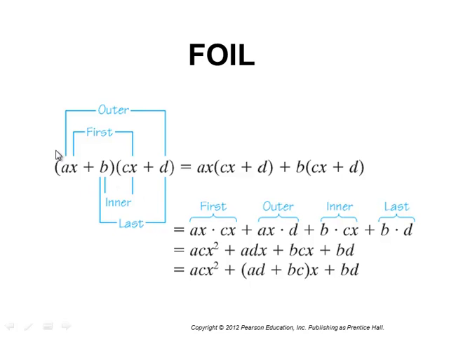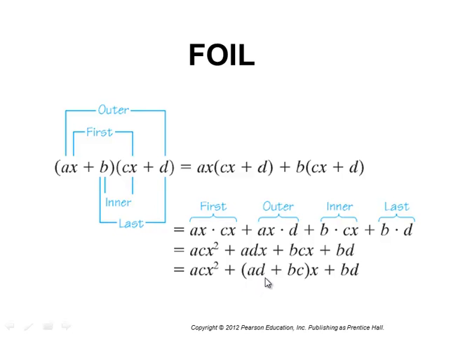And then you have the outer, which basically means the first term of the first binomial times the last term of the last binomial. That's the so-called outer. The inner is the last term of the first binomial times the first term of the second binomial.